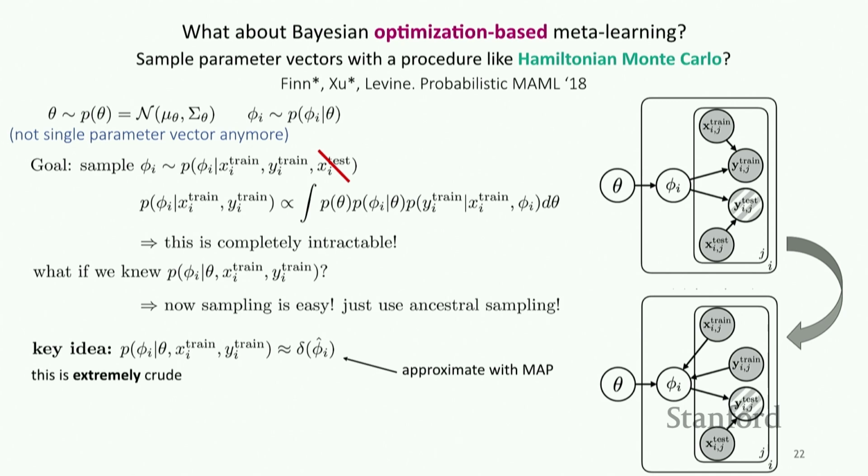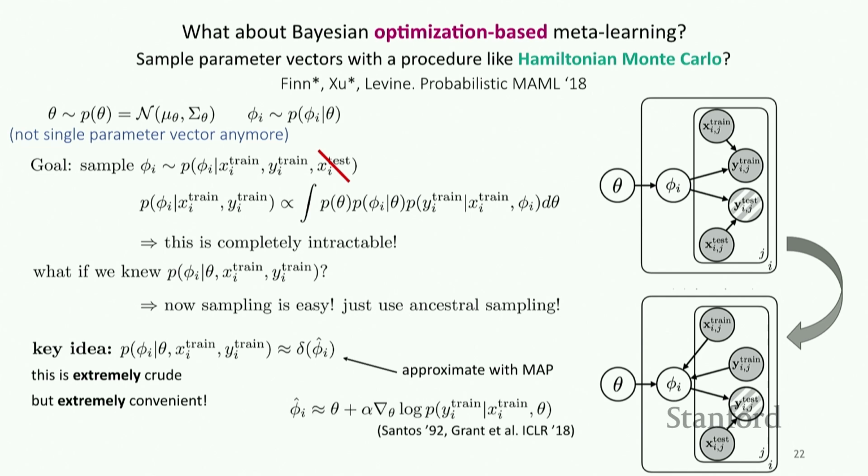This is, again, extremely crude, but also extremely convenient: if we approximate this with MAP inference corresponding to running a few steps of gradient descent, then unlike the previous paper, we can still sample from phi, where we first sample from theta, then run a few steps of gradient descent, and then get our model.